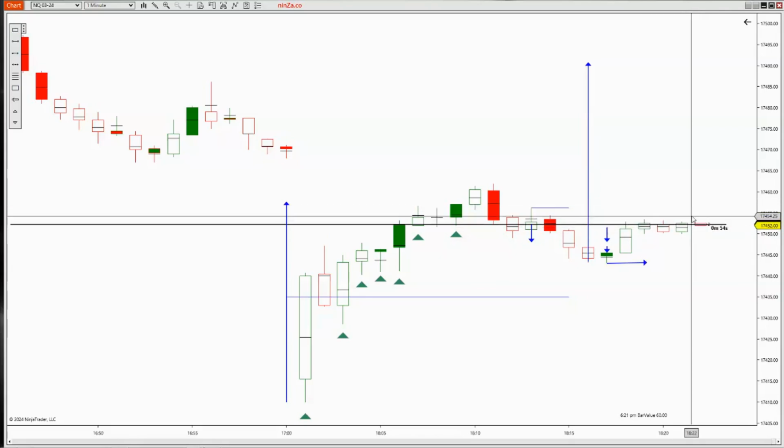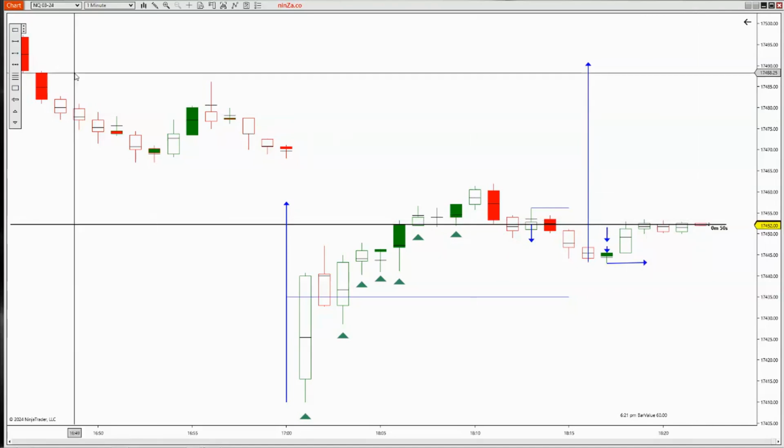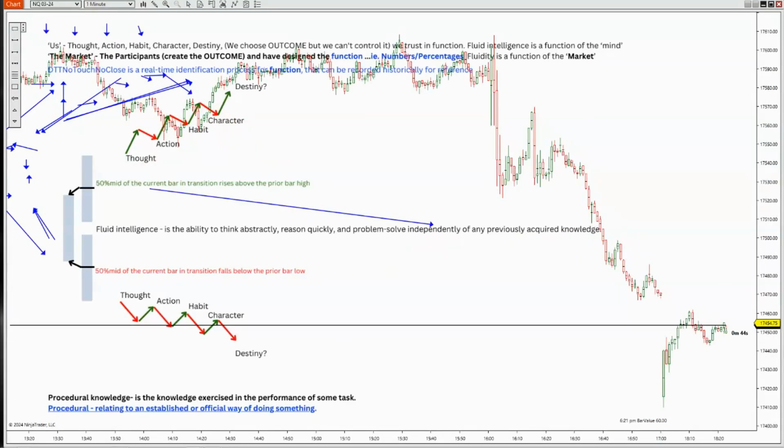All right. So we're trying to read it based on what it's doing currently, and what it suggests. Because remember, let me bring back that chart one more second here so you can really see it as a whole. Thought, action, habit, character. All right, destiny. That's what this is. So the market is a fluid event. Its fluidity is a function of the market, and we have fluid intelligence in our mind.